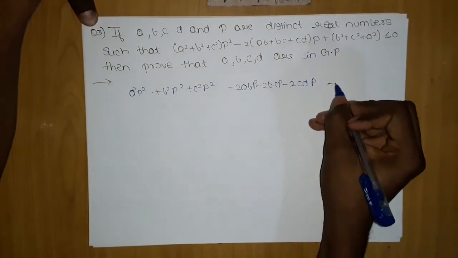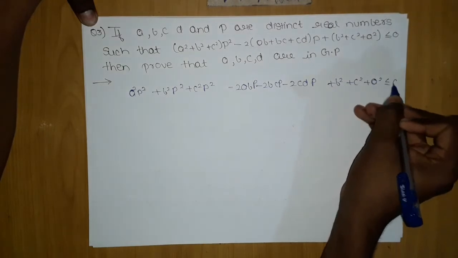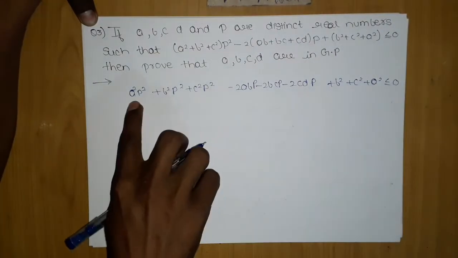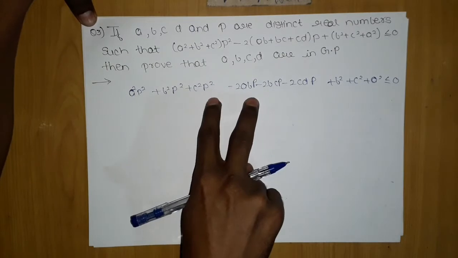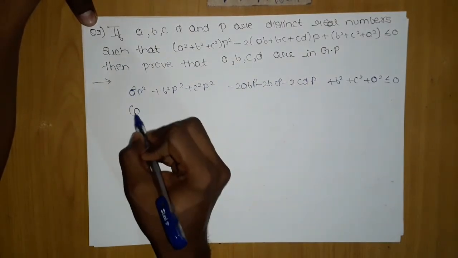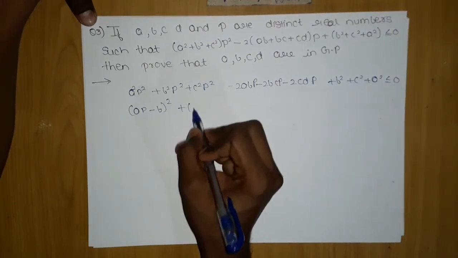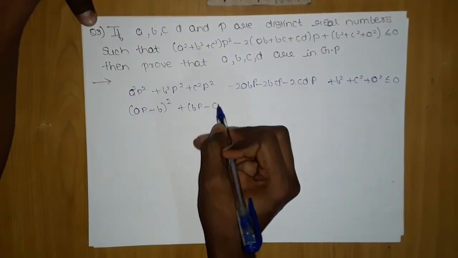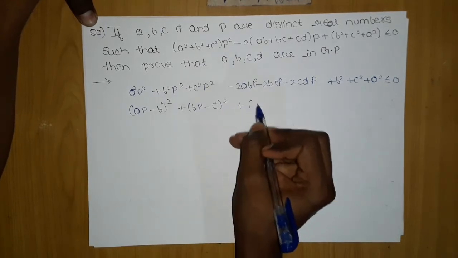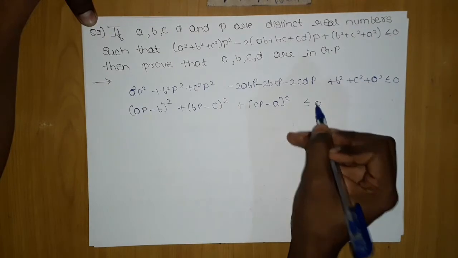Further on here will be b square, c square, a square, less than or equal to 0. Now if I take this, it is nothing but (ap minus b) the whole square, similarly (bp minus c) the whole square, similarly (cp minus a) the whole square, is nothing but less than or equal to 0.